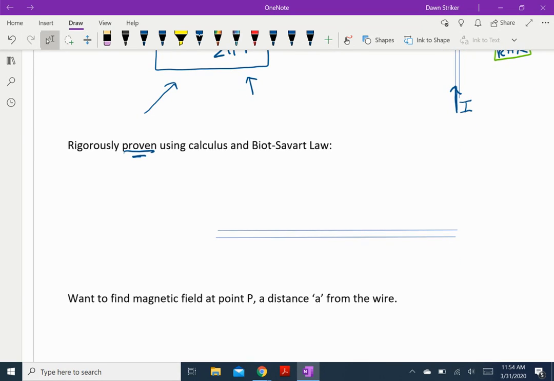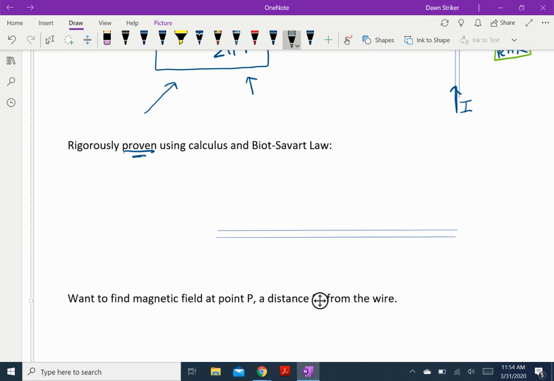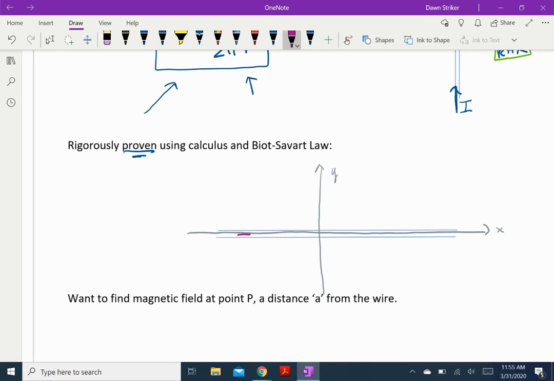Okay. So we need to set up a picture first. I've tried to draw for you a little current carrying wire. And what I'm going to do is superimpose an x-axis on that current carrying wire. So there is x. And then perpendicular to that, I'm going to make y. So there's my y-axis. And I'm going to also draw a little ds.